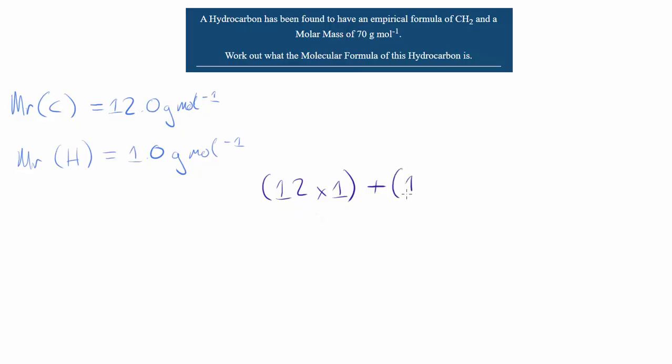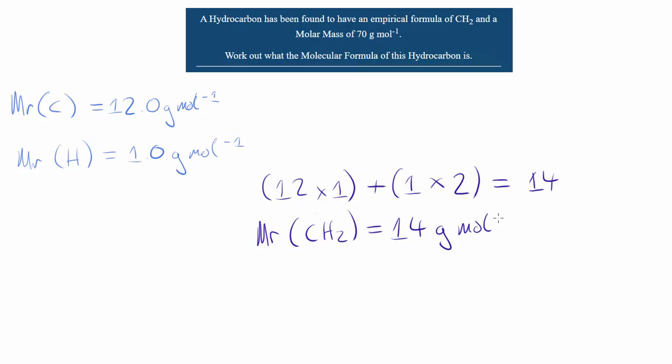So we have 1.0 multiplied by 2, because it's CH2. I'd invite you to have a go and work out what that's going to be. If you did that, you should find you get 14. So the Mr of CH2 is equal to 14 grams per mole.